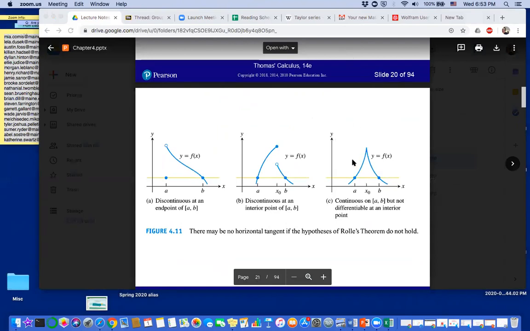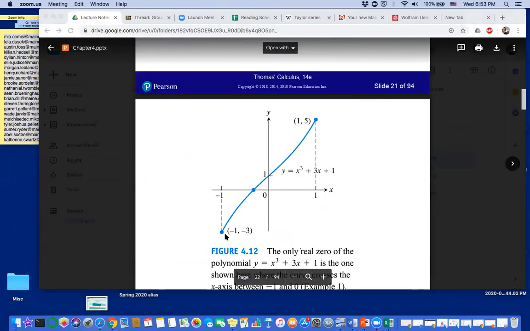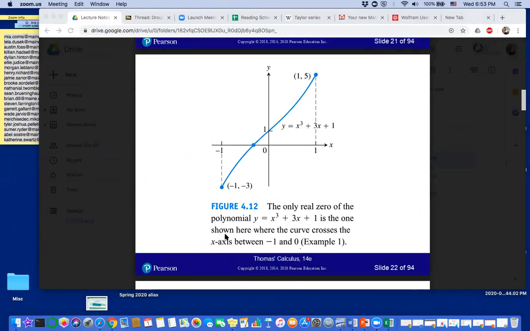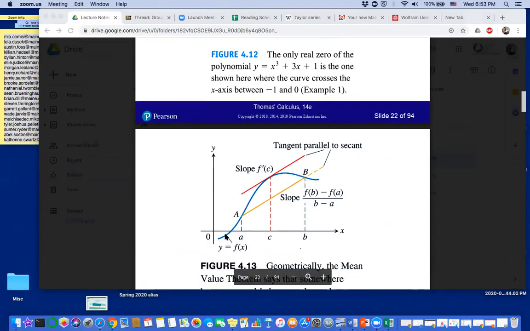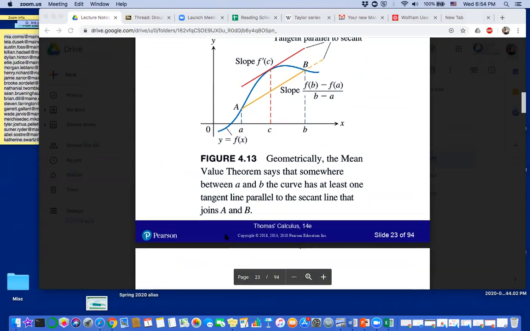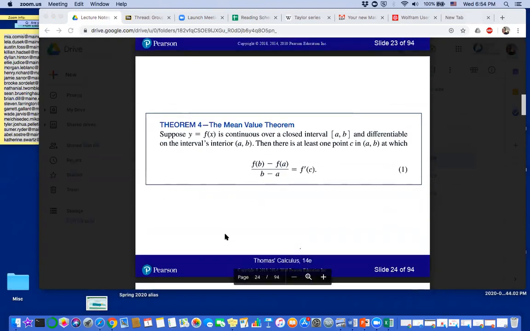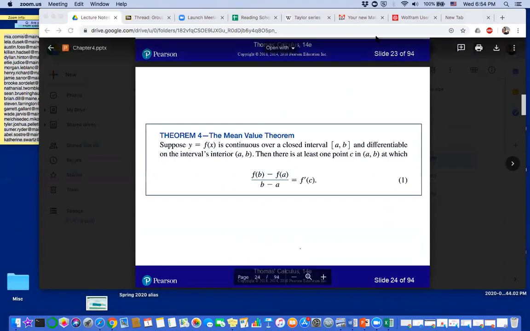Clear all drawings. Okay. All right, so now we're gonna talk about something called the mean value theorem.